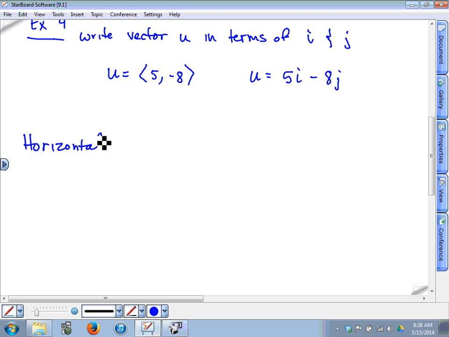We're just about done with this section. We're almost ready to wrap it up. Horizontal and vertical components of a vector.